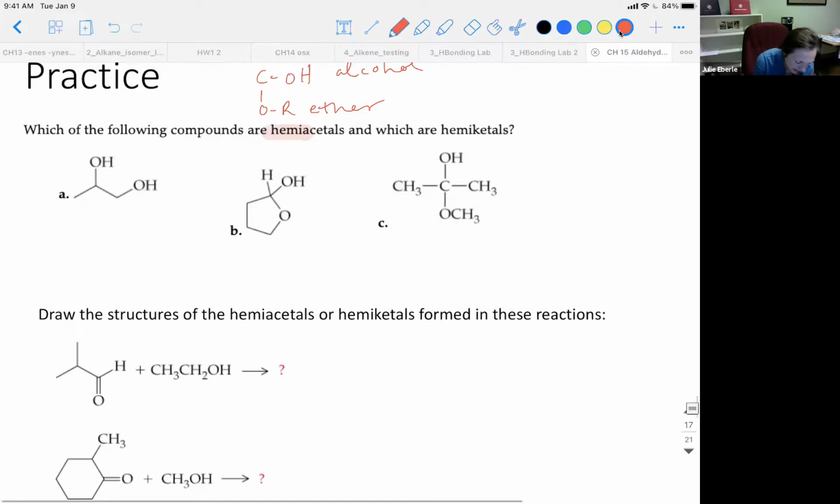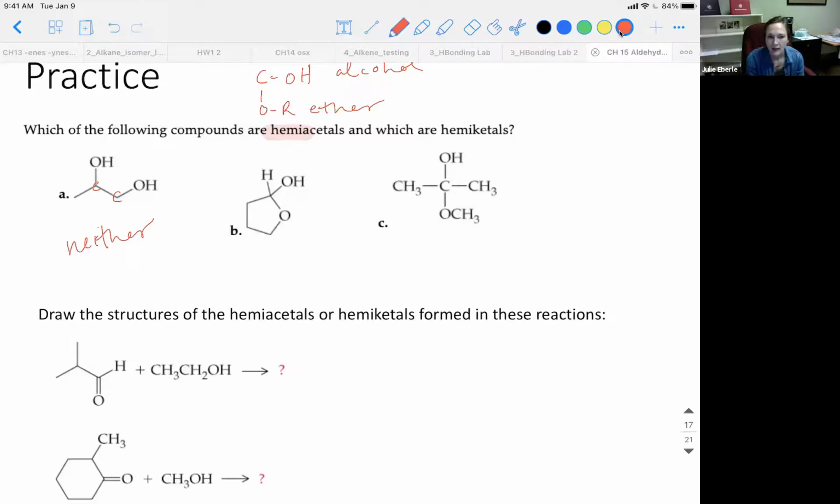So look at A, for example. We've got these two carbons right here, but all I see is alcohol groups. I don't even see an ether-like group on here. So this is neither. Remember, to be a hemiacetal or hemiketal, you've got to have an ether and an alcohol group.